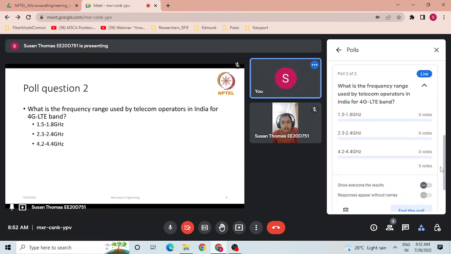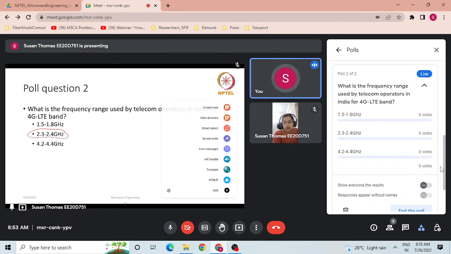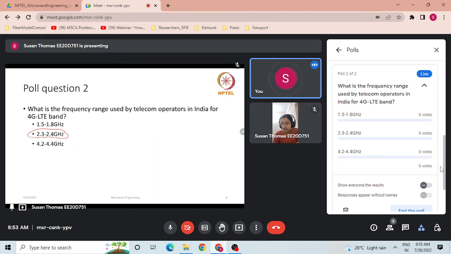Let's see if you have any idea of the frequency range. As you see here, 2.3 to 2.4 gigahertz is the frequency range used by the telecom operators in India for 4G LTE band. That was an interesting question.